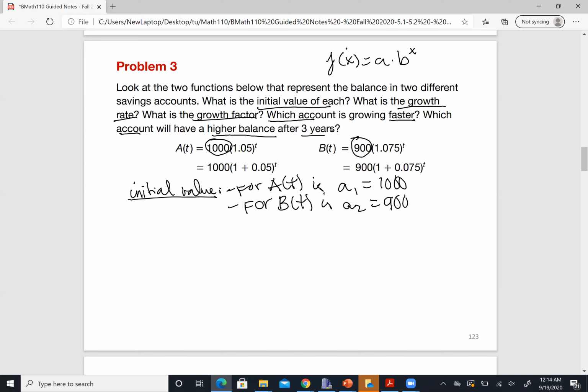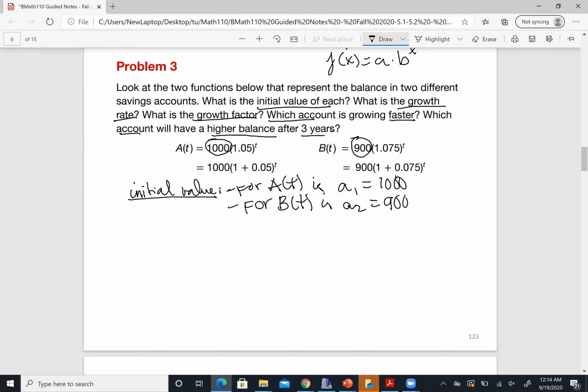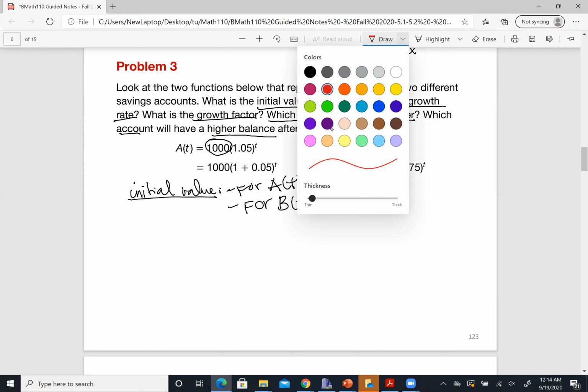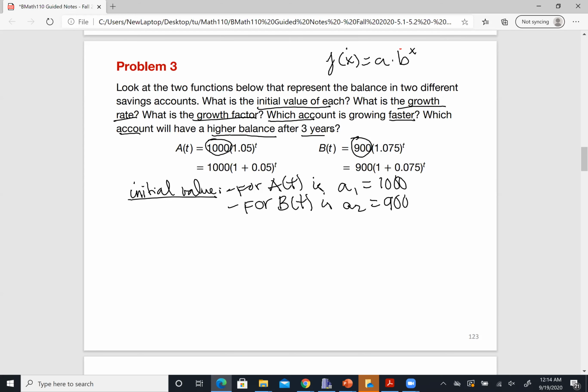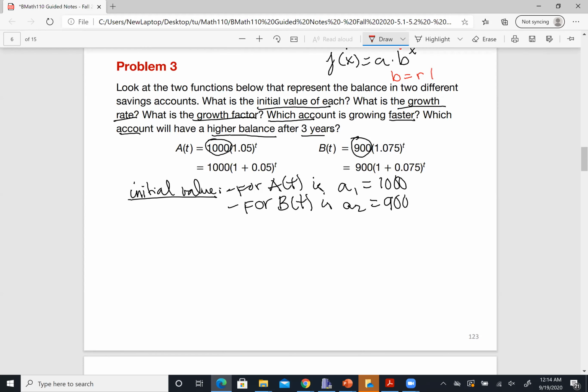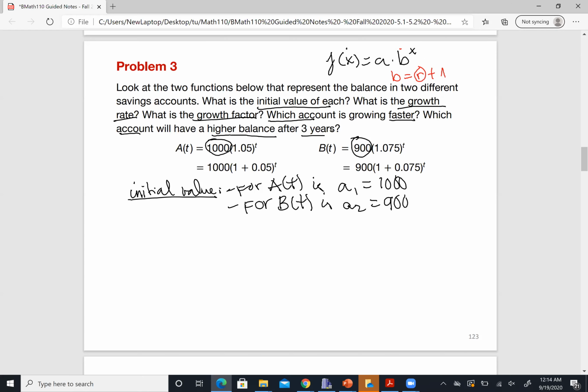Okay, so now let's talk about the growth rate. As I mentioned on the first page, b equals r plus 1, and r is the growth rate. Or maybe I'm going to start with the growth factor first.